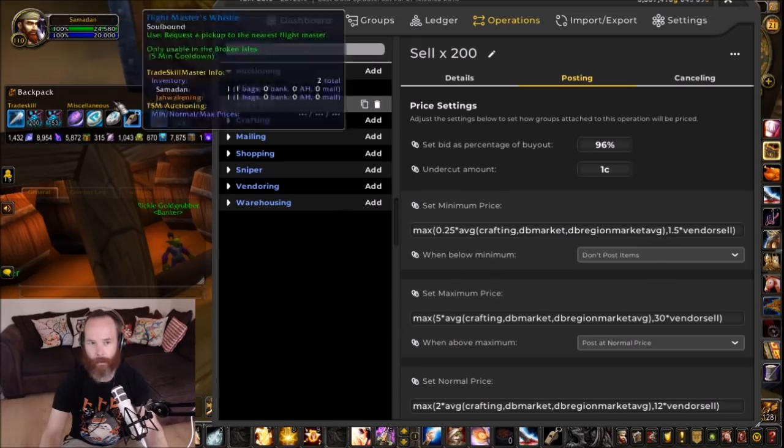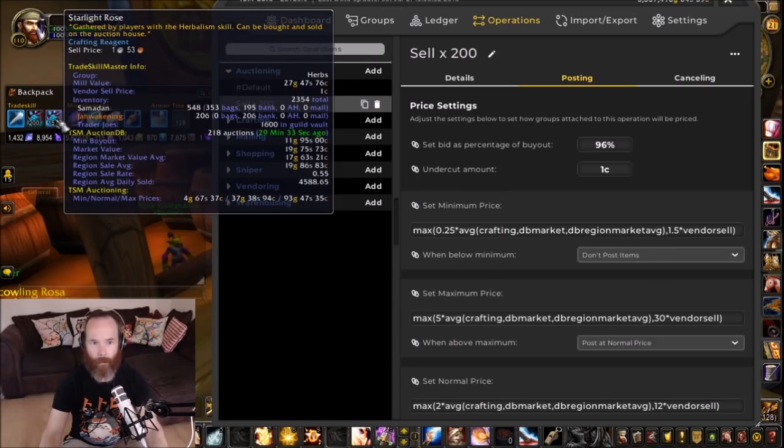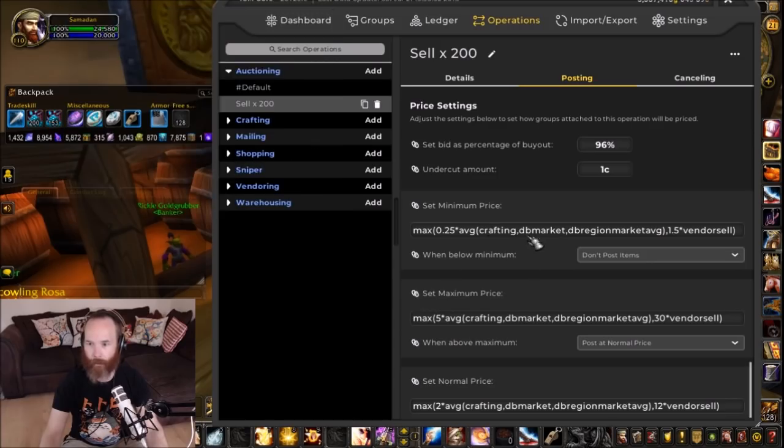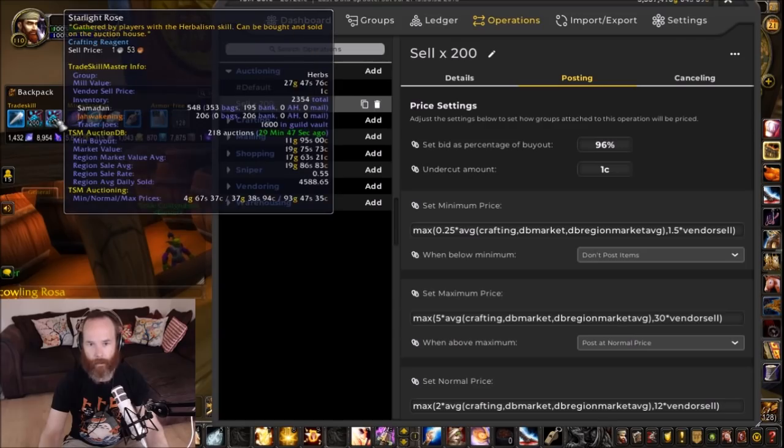DB region market average is the region market average value, which is 17 gold 60, and it's taking an average between those two and quartering it, basically multiplying it by 0.25, and that is the value you're getting now of a minimum price of 4 gold 67.